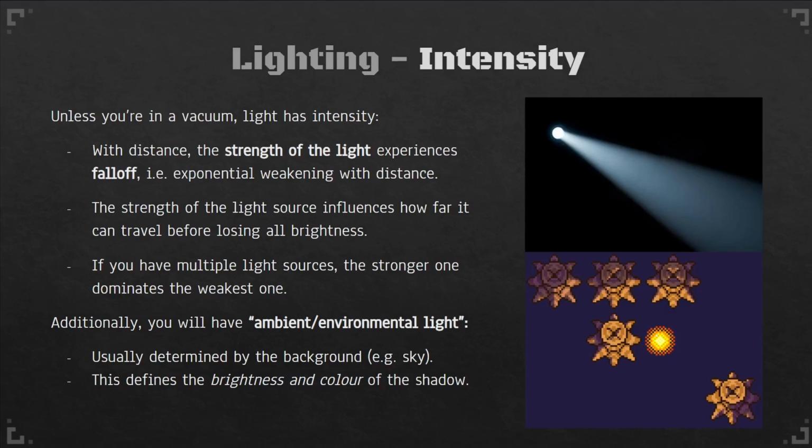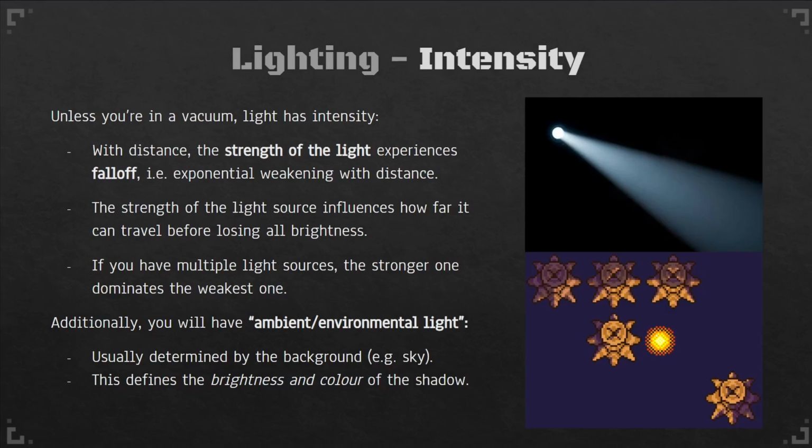So if you get really far away, at a certain point the difference between light levels from if I'm standing here to if I stand a bit further away will be negligible. Think of it like when you're using your phone's torch in the dark, right? If you stand away from your torch, it's going to be way dimmer than if you're standing really close to it.